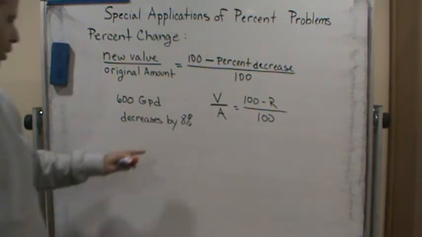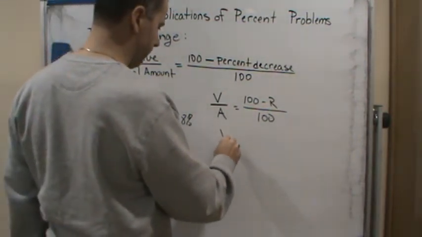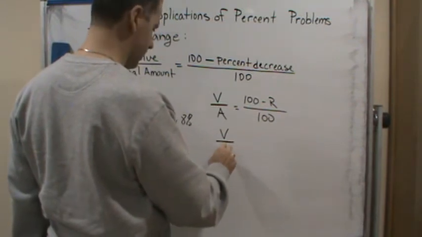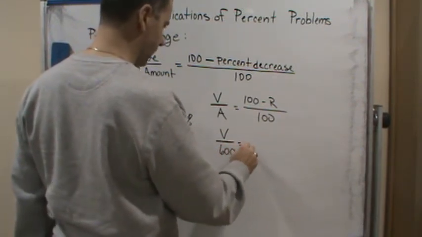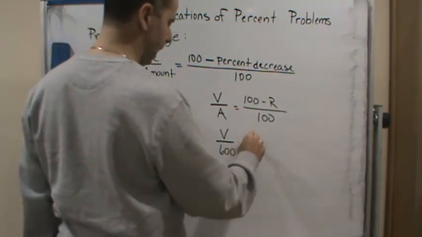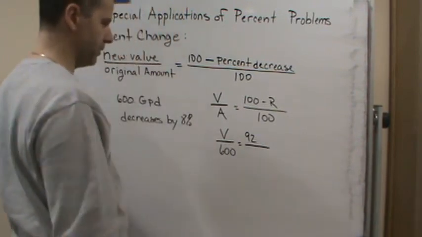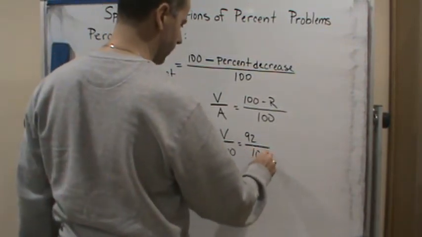We know it decreases by 8% and we have the original amount. So this is going to be V over 600 equals, well, 100 minus 8% is going to be what? 92, right? 92% over 100.